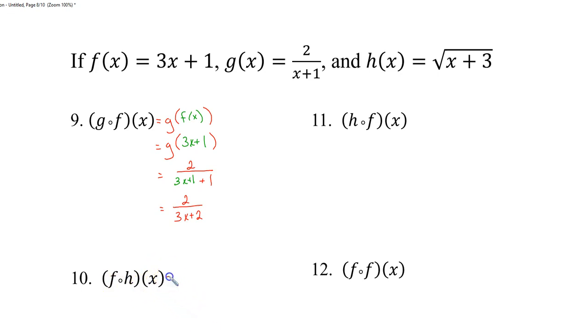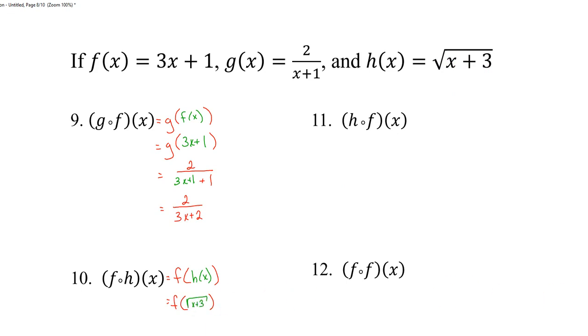So once again, my first function is my outside function, so this is going to be f of, and then my second function is my inside function, so f of h of x. So for this particular problem, I'm going to be using the two functions up here, f and h, and so I'm still going to use this notation f of, and in place of the notation h of x, I'm going to replace it with that actual function, which is the square root of x plus 3.